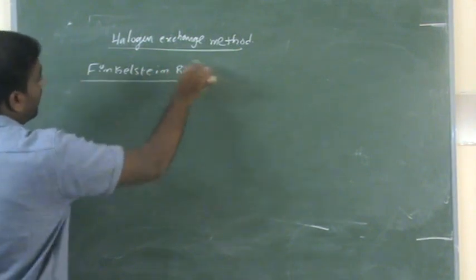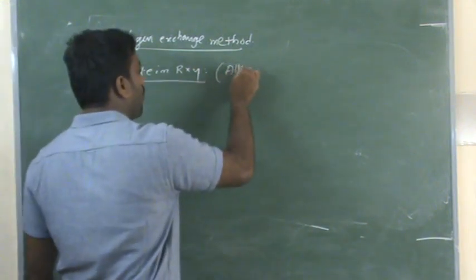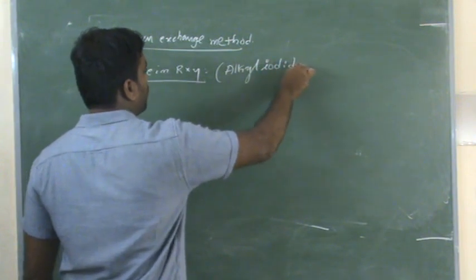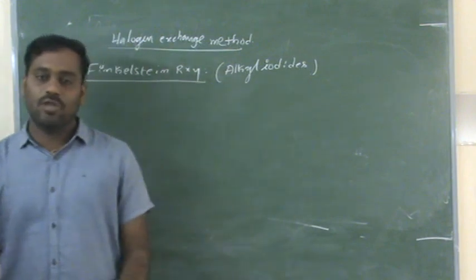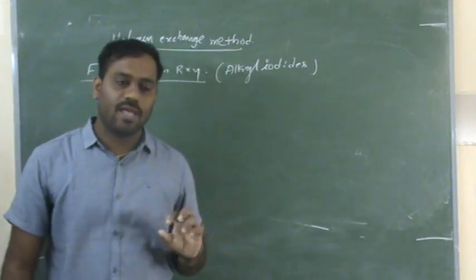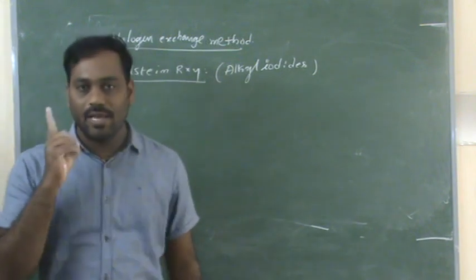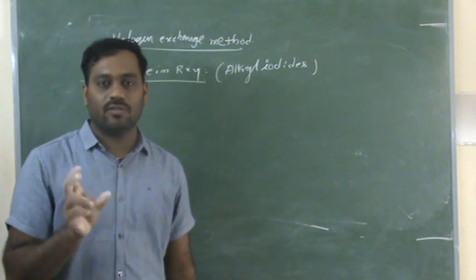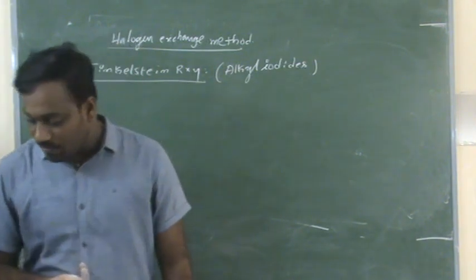This Finkelstein reaction is a special method for the preparation of only alkyl iodides. By using it we can prepare only alkyl iodides. The Finkelstein reaction is useful for preparing what? Alkyl iodide.